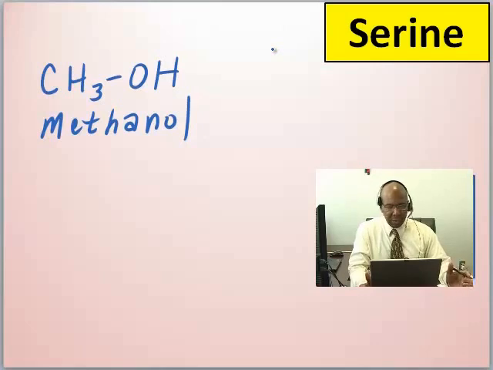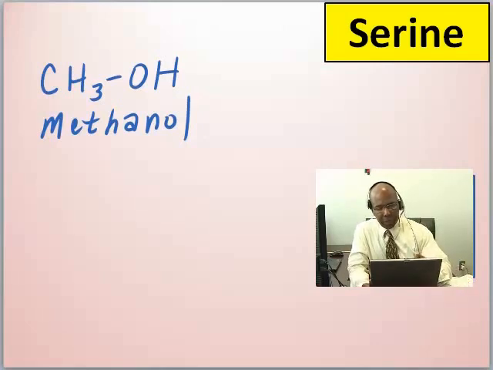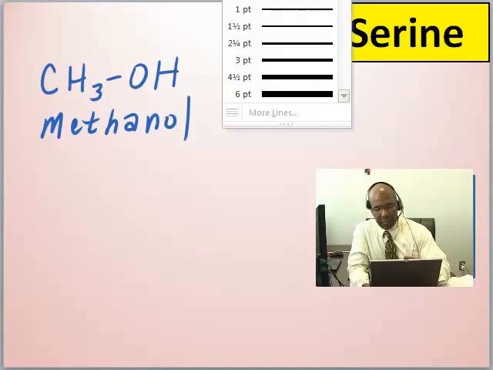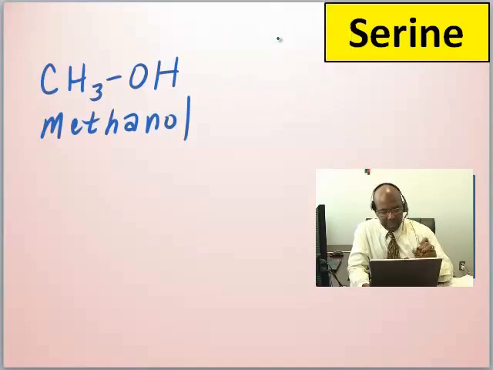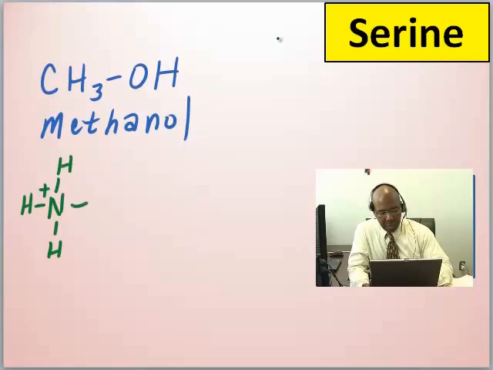So let's now draw the structure of serine. NH3 here. And we're going to have a charge here. Our alpha carbon with its hydrogen.